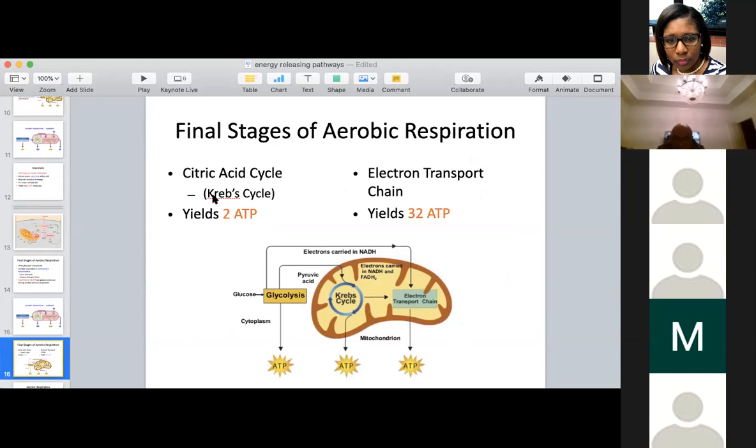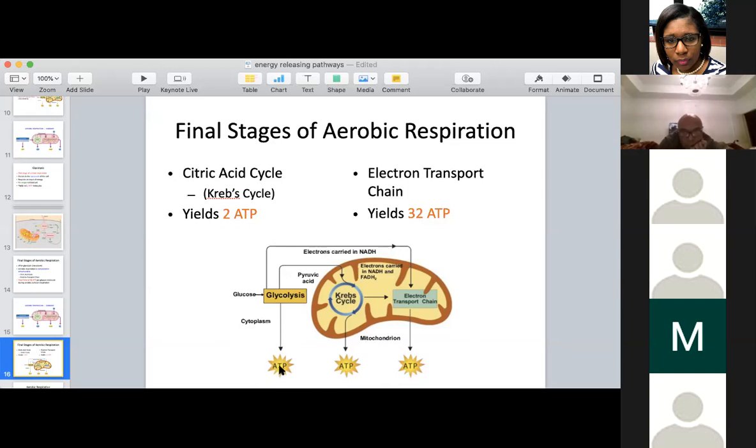The citric acid cycle or Krebs cycle yields 2 ATP molecules, all right? And the electron transport chain yields 32 ATP molecules. And then we can't forget about the 2 that were made during glycolysis. And so collectively, we're making a total of 36 ATP molecules from 1 molecule of glucose.